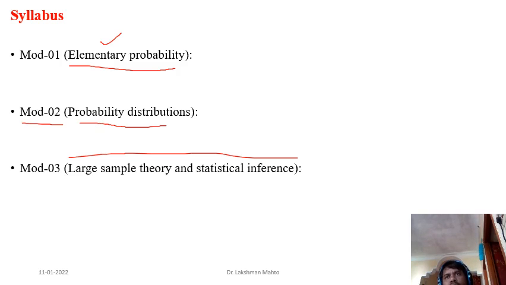Now, how can you utilize that model? That means, how can you make a decision based on that model? If you are very good in large sample theory and statistical inference, then definitely you can make a very good decision. So this model 3 is very important from a decision perspective.